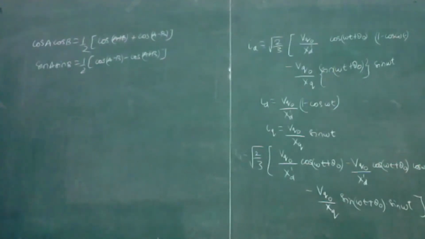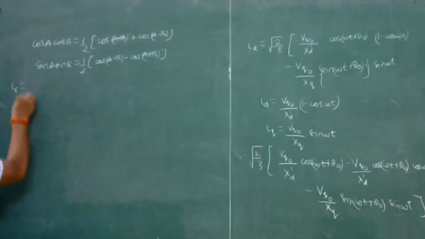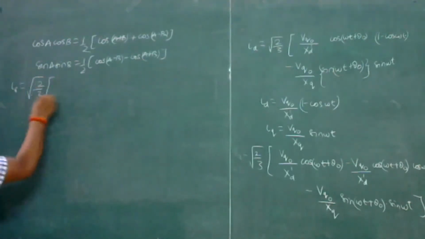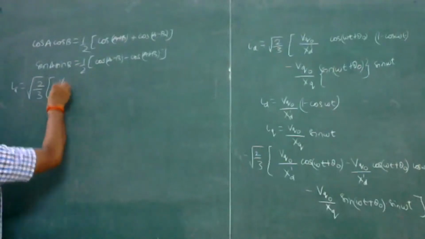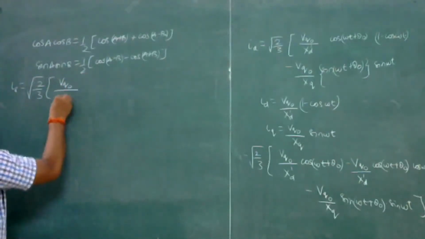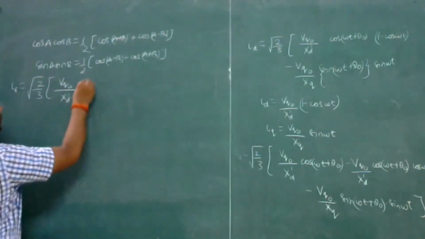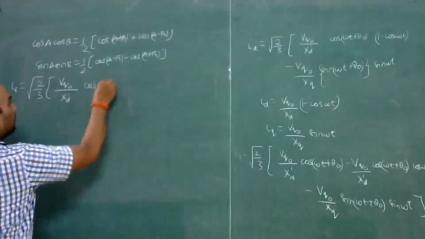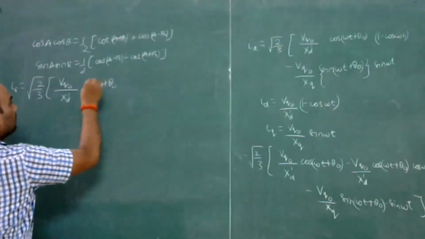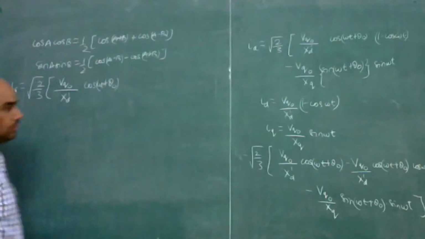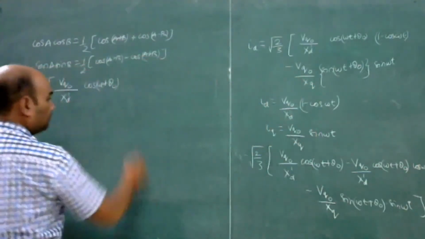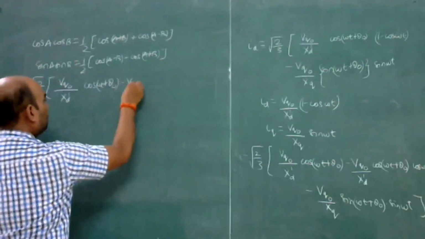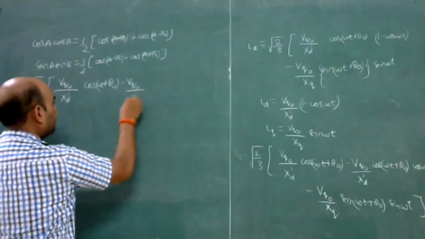Okay. So this will become Ia is equal to root 2 by 3. So this will be the same, Vq naught upon Xd dash cos(omega t plus theta naught). So this is cos A cos B. So minus Vq naught divided by Xd dash.